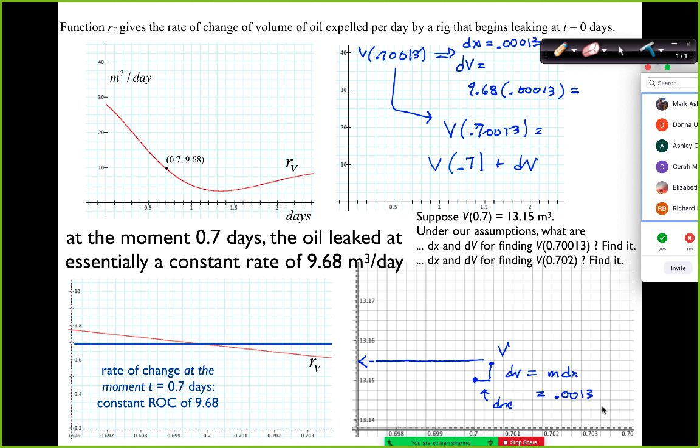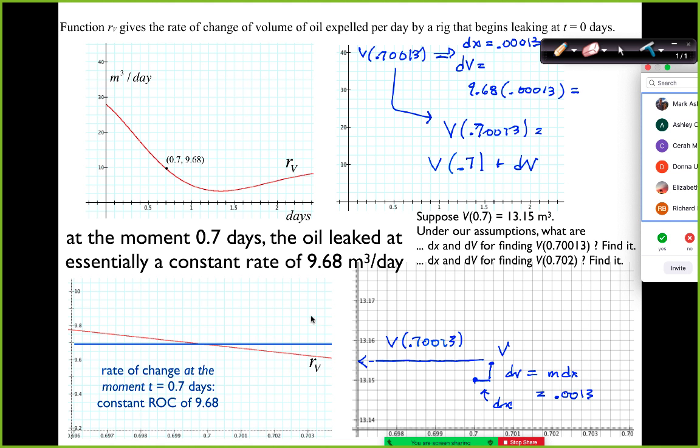Okay. And so then we add that on, and we get the v of 0.70013, which is the 13.15, v initial, plus the change in v we found by m dx.